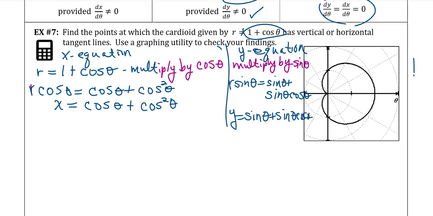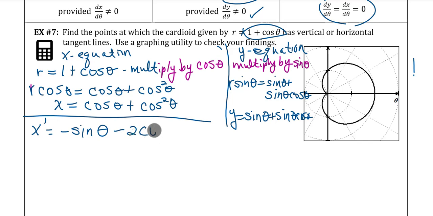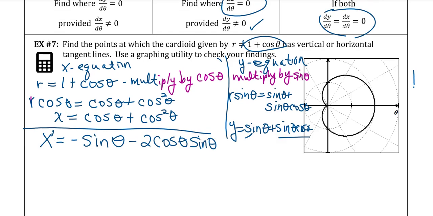Okay, next what we're going to do is find the derivatives. So x prime is going to equal minus sine theta minus 2 cosine theta sine theta, using our chain rule.